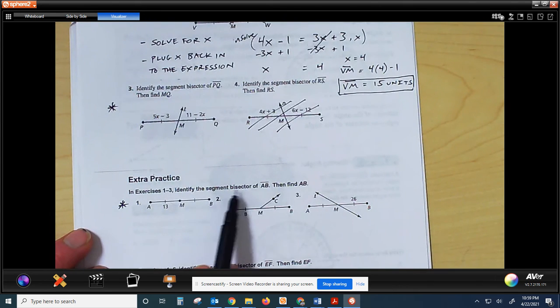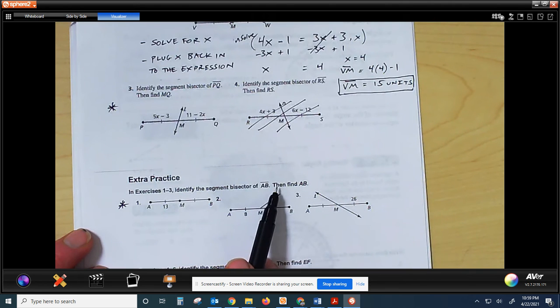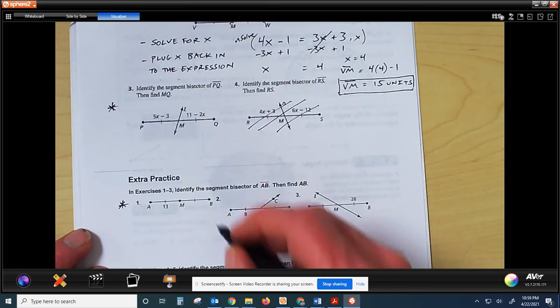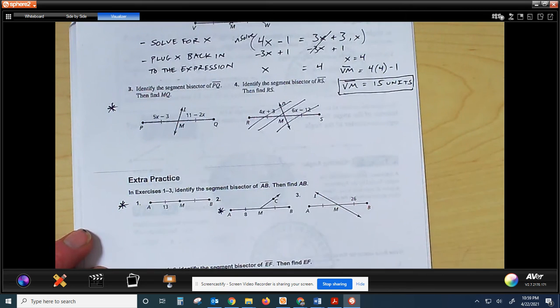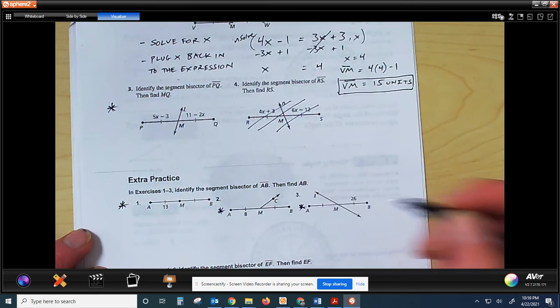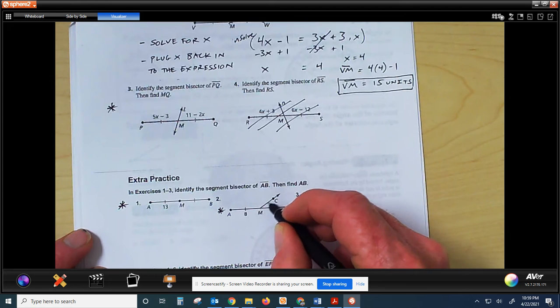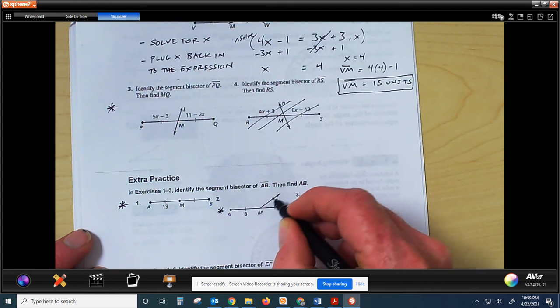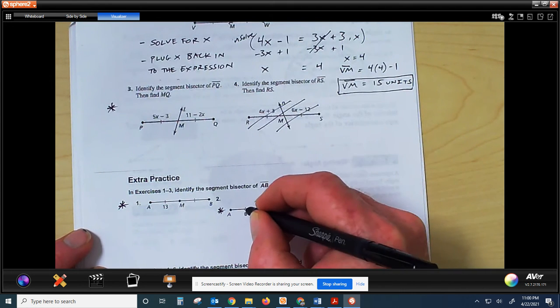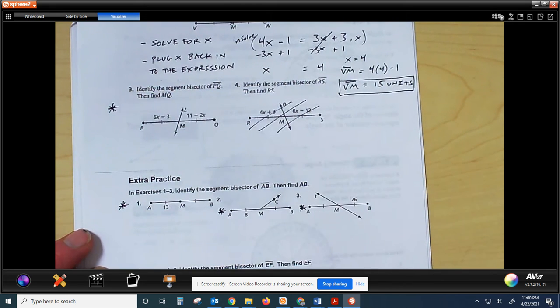Identify the segment bisector of AB. Then find AB. So there's numbers on each of these, and I want to know what is the segment bisector. Here's a clue on the second one. The bisector is here, whatever this is. I have 2 congruent marks there.